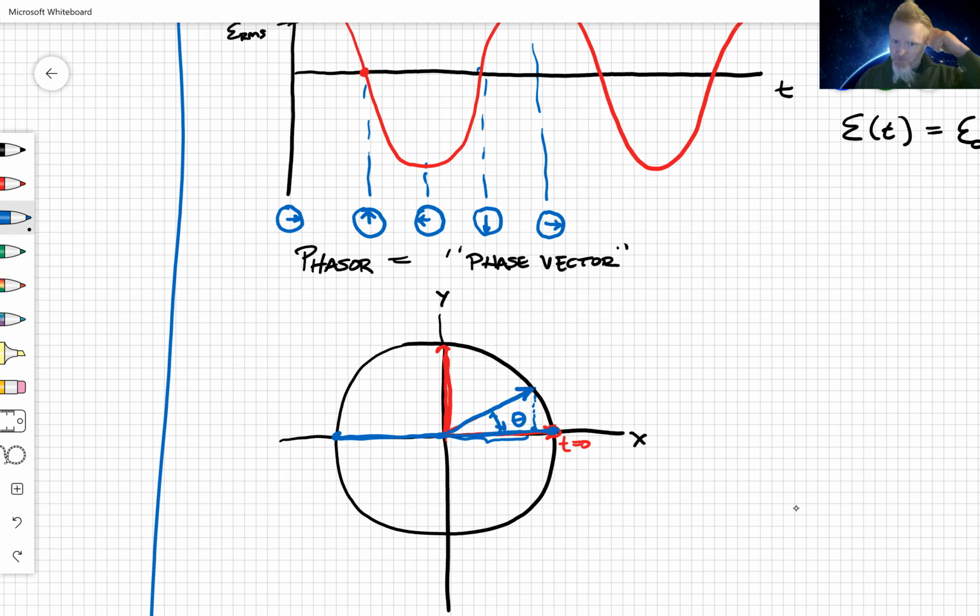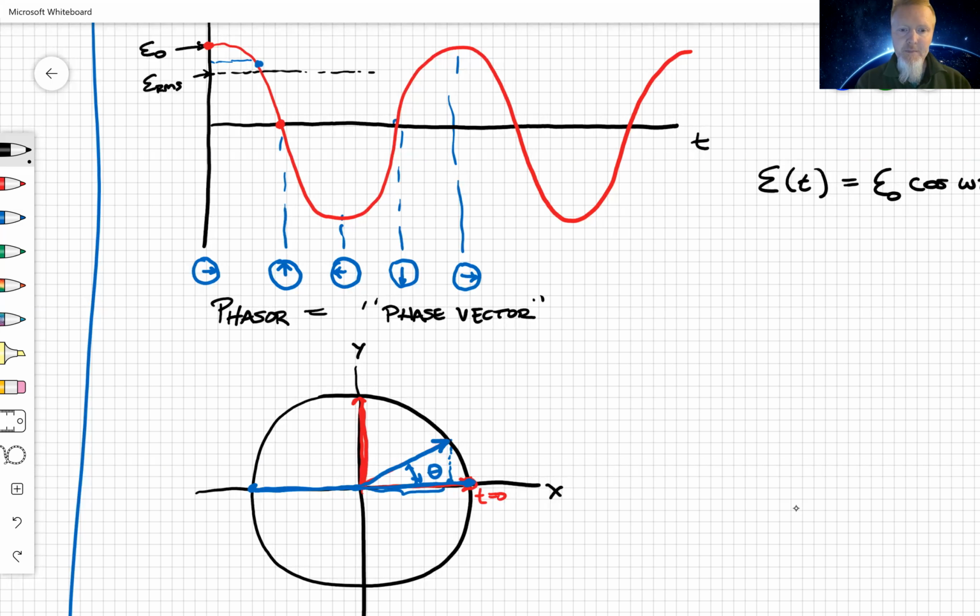Okay. So the projection is the instantaneous voltage in the circuit. It's the instantaneous voltage supplied by the power supply.